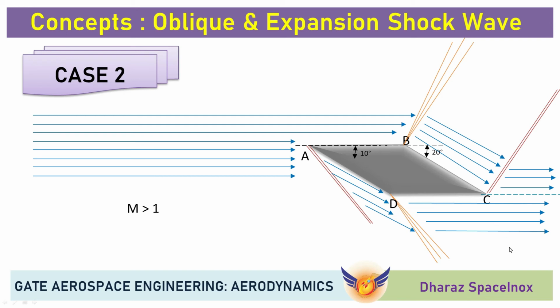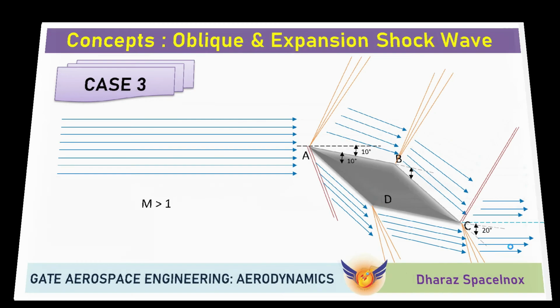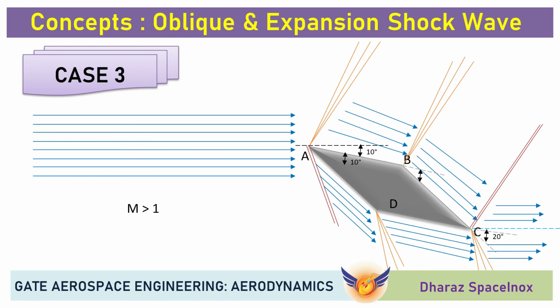Now moving to case 3. Case 3 is an angle of attack of 20 degrees from the chord line, or we can say that the edge AB from the horizon is at a 10 degree angle of attack.